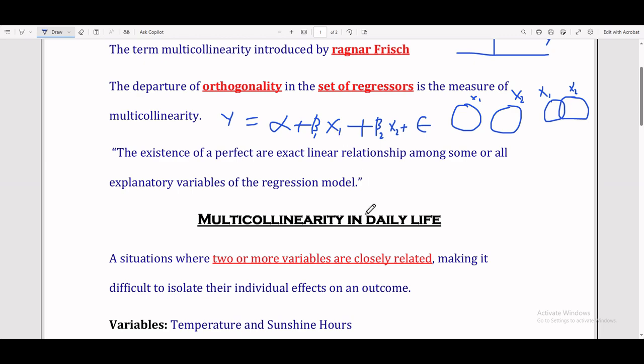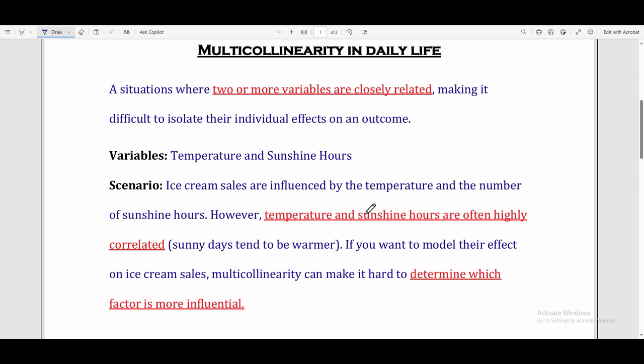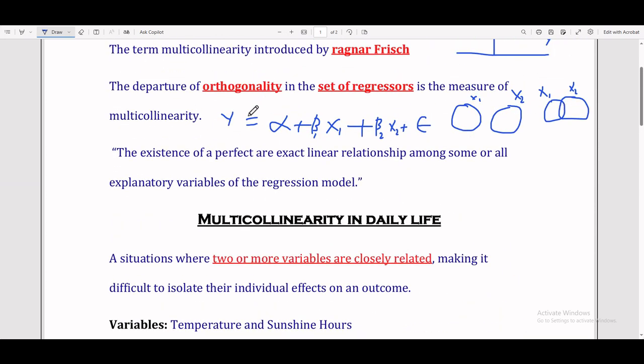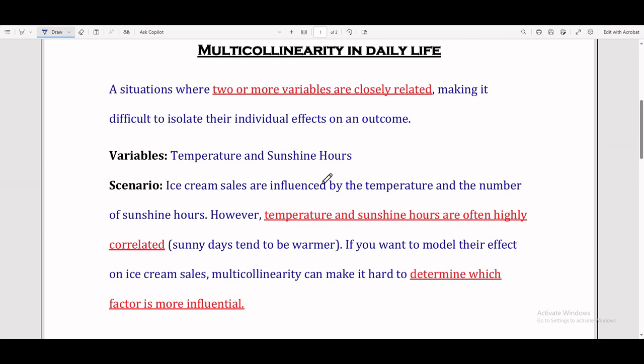Now we discuss multicollinearity in daily life. As we read previously, it is a situation where two or more variables are closely related, making it difficult to isolate their individual effect on the outcome. If there is collinearity between two variables, and they have a combined effect on the outcome variable or dependent variable, then this is the problem of multicollinearity.